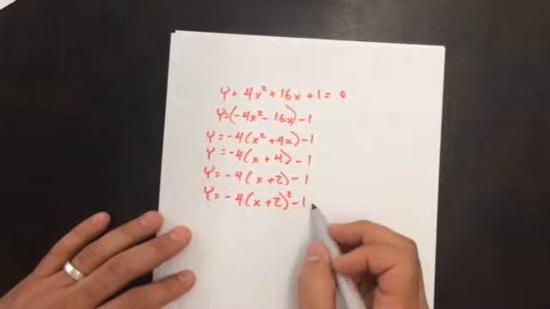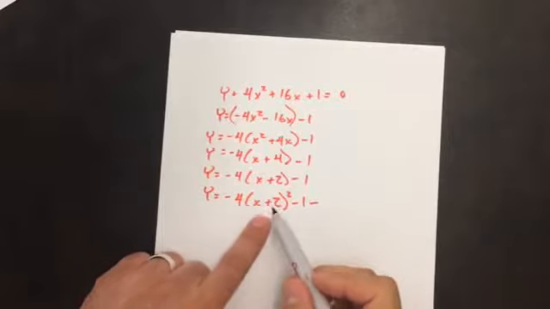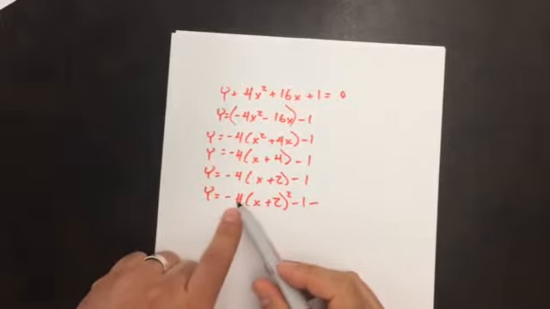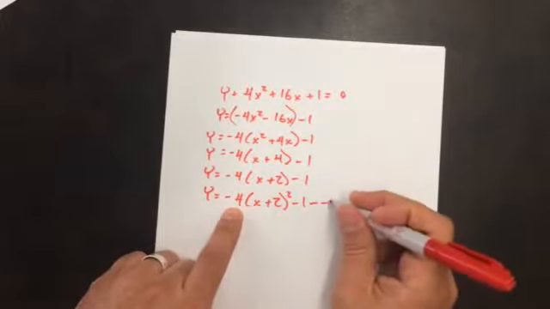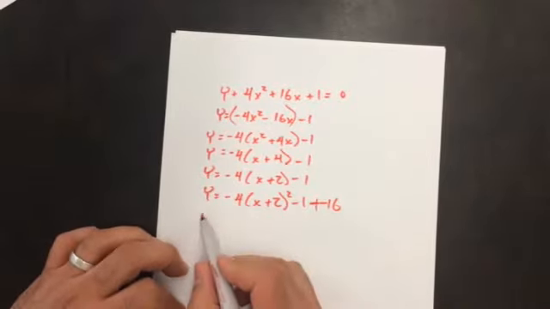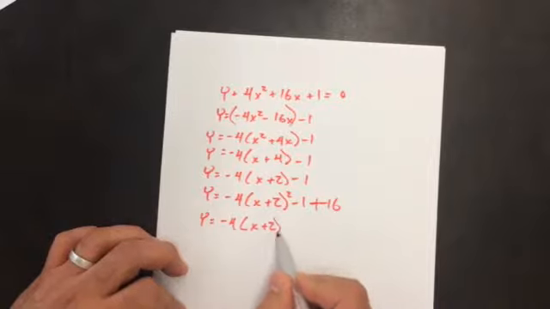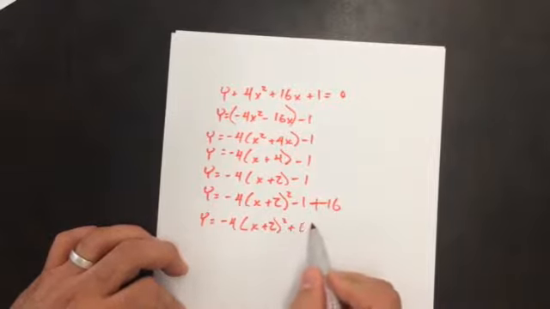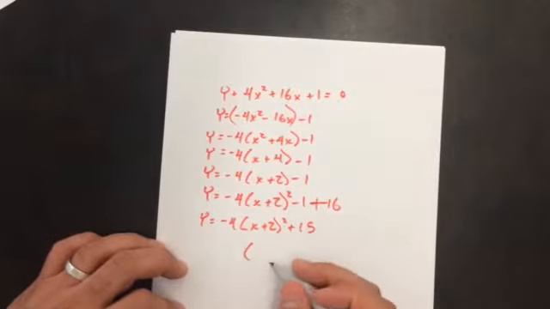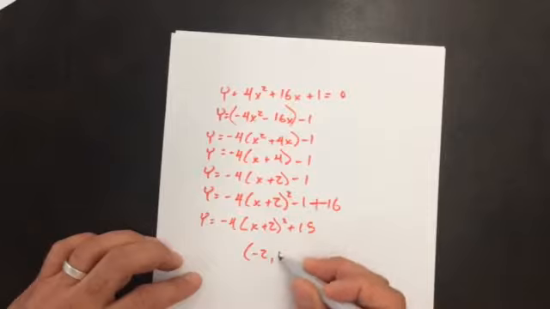I added something to this side, so I'm going to subtract it from the same side. 2 squared is 4 times negative 4 is negative 16. So minus negative 16. Minus a negative becomes plus. My vertex is going to be at negative 2, 15.